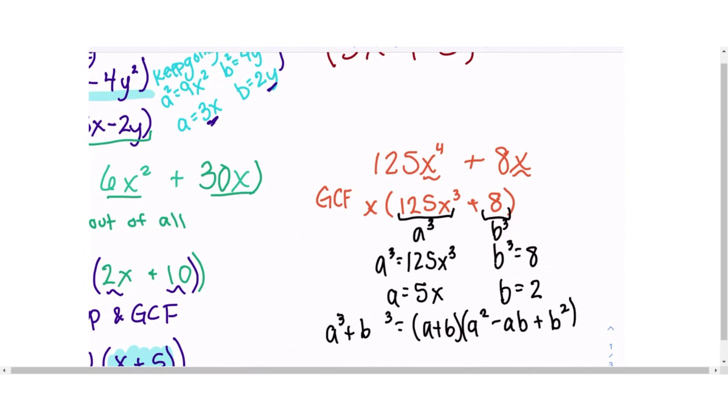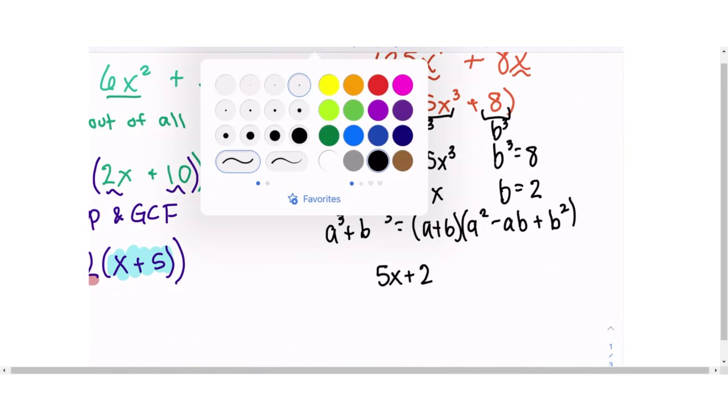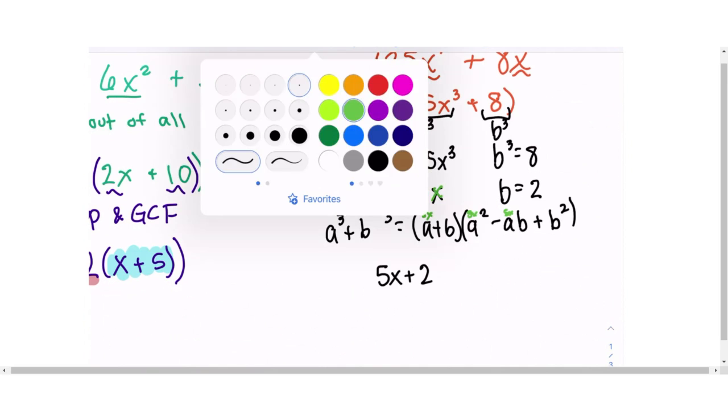So we're going to plug those in. The 5x is going to go in for the a, and the 2 is going to go in for the b. So it'll be 5x plus 2. Let me show you the colors just in case. We have 5x. 5x is going to go there. 5x is going to go there. 5x. And then 2 is going to go in all those other places, right?